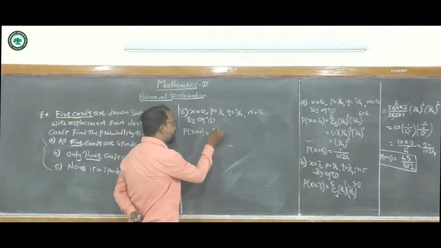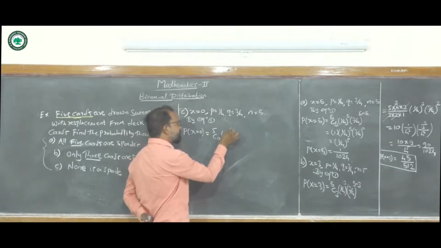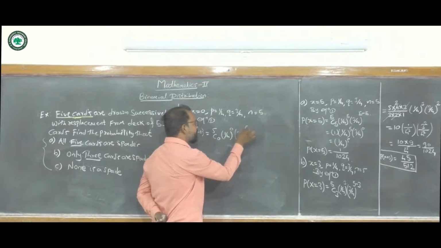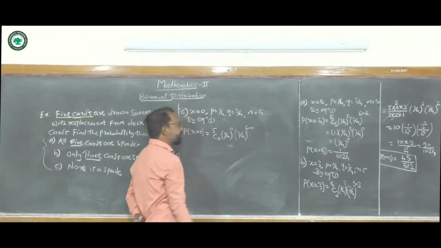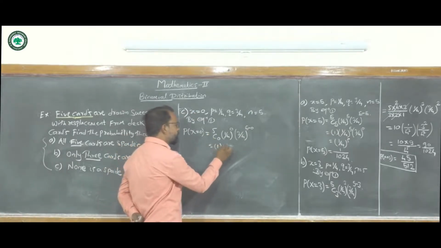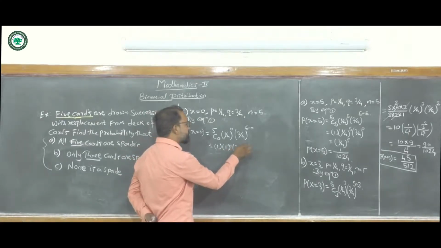equals 5C0 (1 by 4) raised to 0 into (3 by 4) raised to 5 minus 0. So 5C0 means 1, into 1, into (3 by 4) raised to 5.